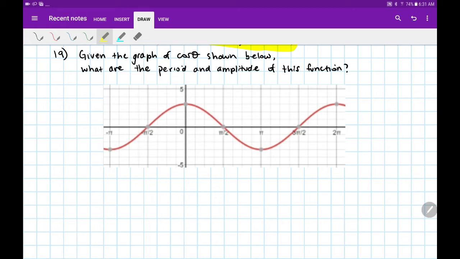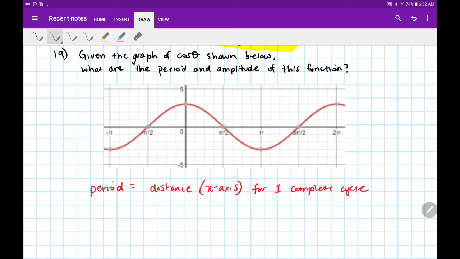19 says, given this graph of cosine, what are the period and the amplitude of the function? So first, let's define some key terms. The period is the length it takes, or the distance, calculated by looking at the x-axis for one complete cycle.